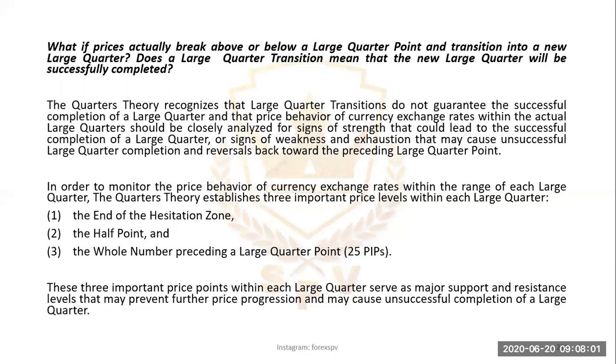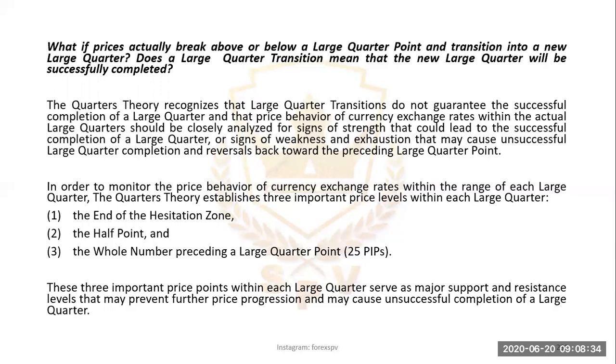See, the quarter theory recognizes that large quarter transitions do not guarantee the successful completion of the new large quarter. And we monitor price behaviors around the 3 points that we have learned: the hesitation zone, the half point, and the overshoot and undershoot areas. So the whole number preceding a large quarter point, that's the 25 pips range.